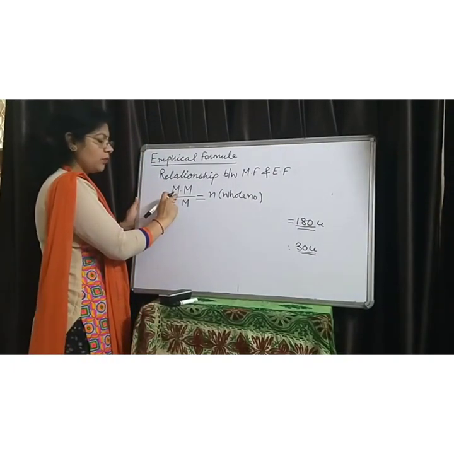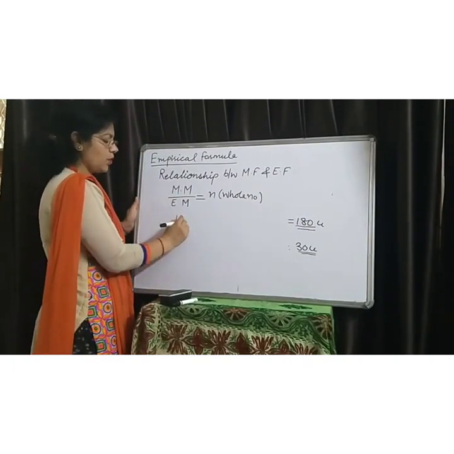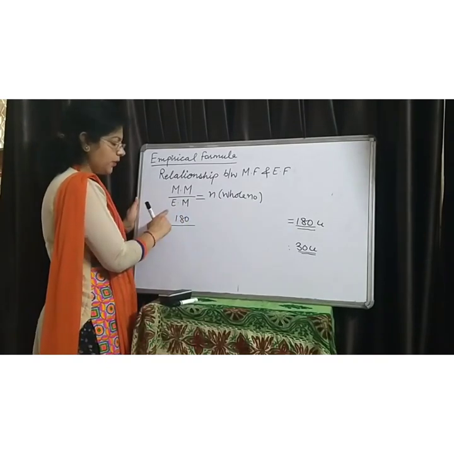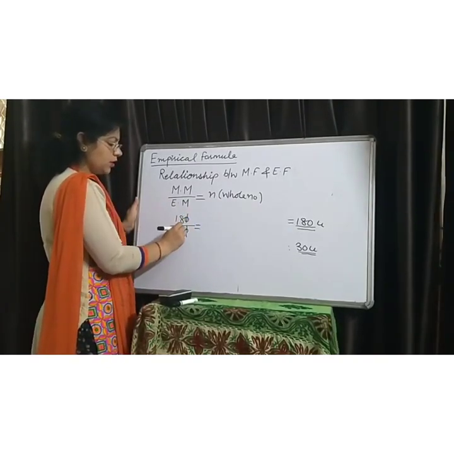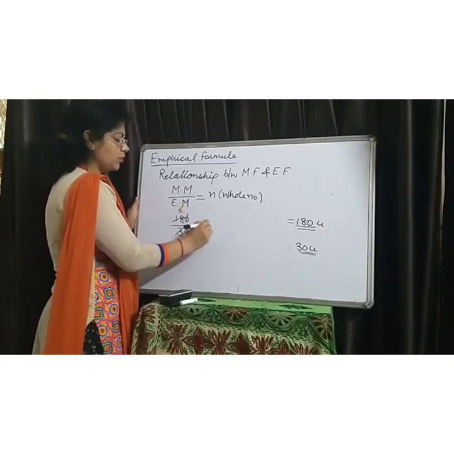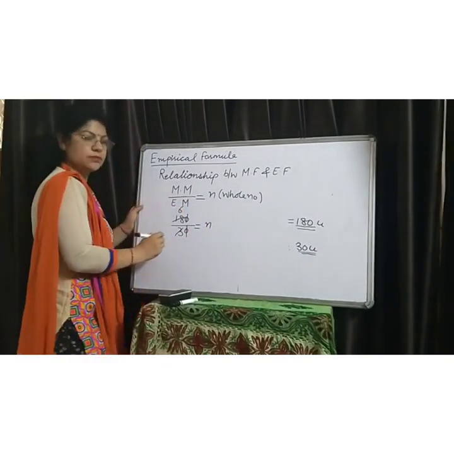The molecular mass of glucose is 180 and the empirical mass is 30. When we divide these two masses, it comes out to be 6.